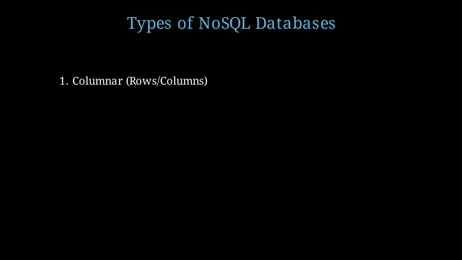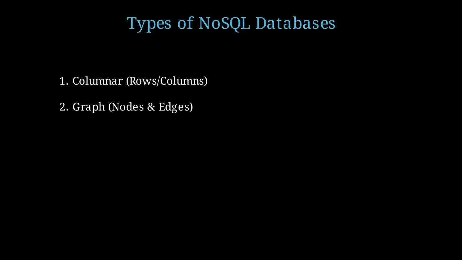The NoSQL types are here. Columnar database: data is stored in rows and columns. That is one type. Second is graph database, where data is stored as nodes and edges.